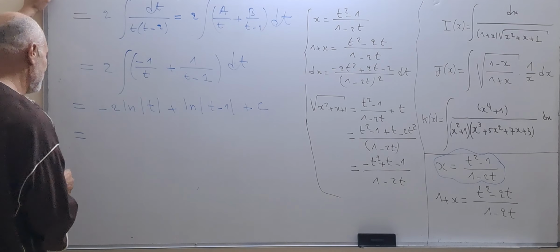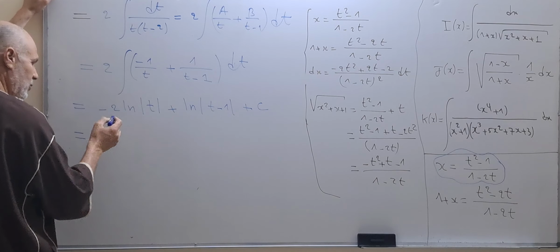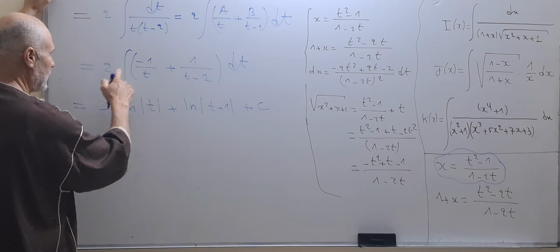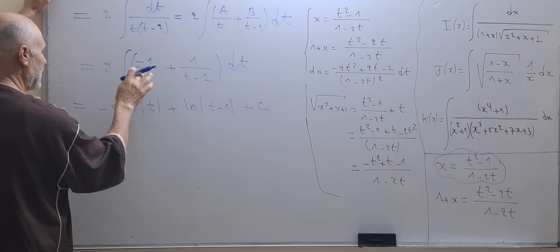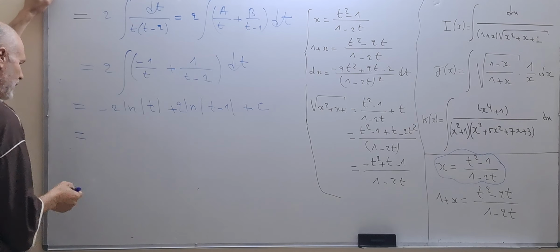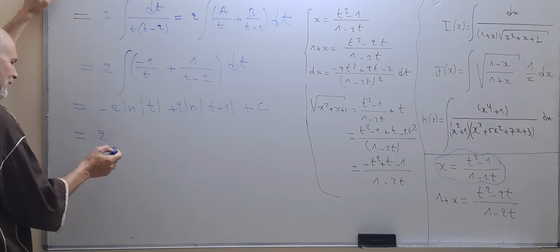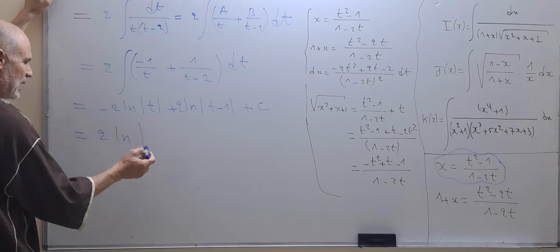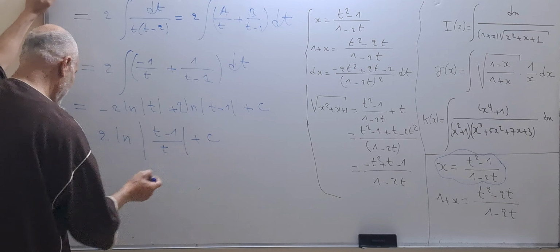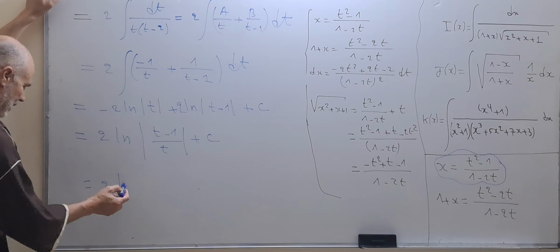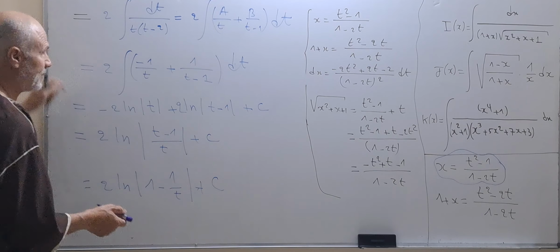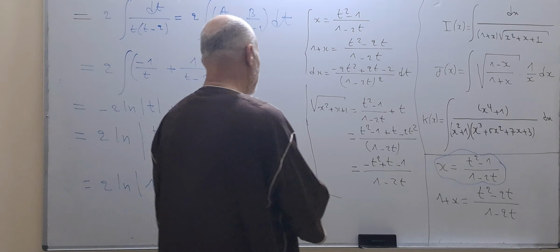Multiplying by 2, we have minus 2 for this one, plus 2 for this one, which is equal to 2 ln absolute value of (t minus 1) over t plus a constant, which is equal to 2 ln absolute value of 1 minus 1 over t plus a constant.